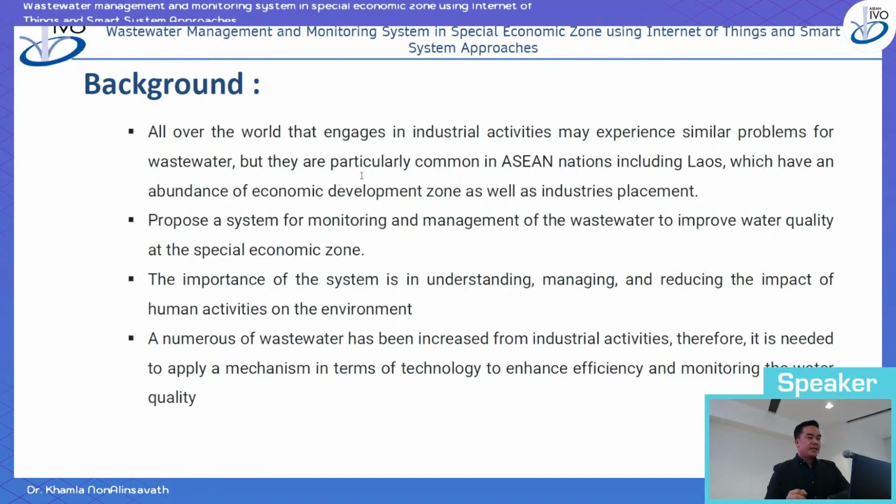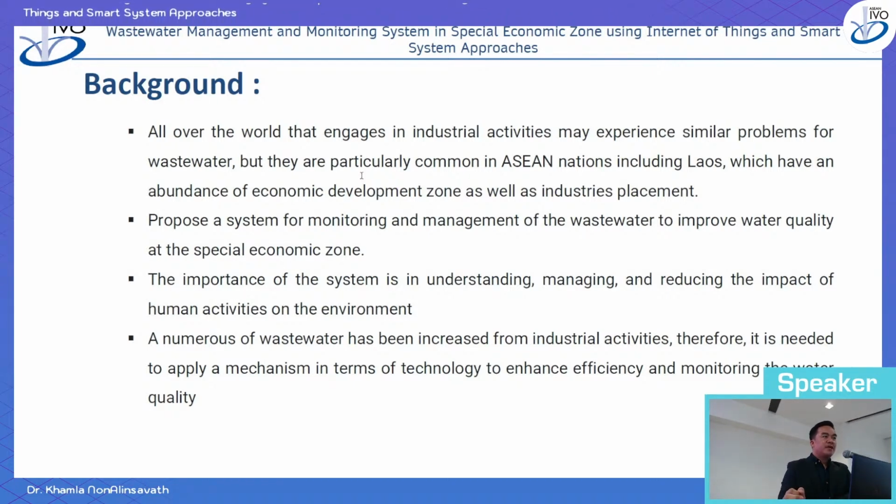In our country, we also have a lot of economic zones to operate for business, in terms of industry or factories. And then they also have activity with regard to environmental impact.